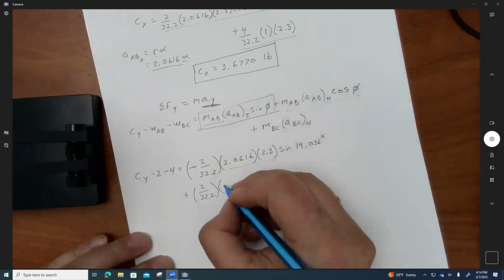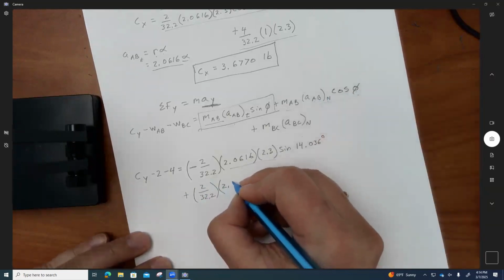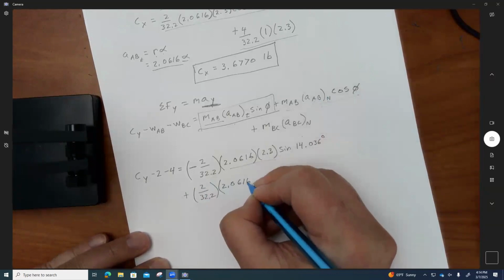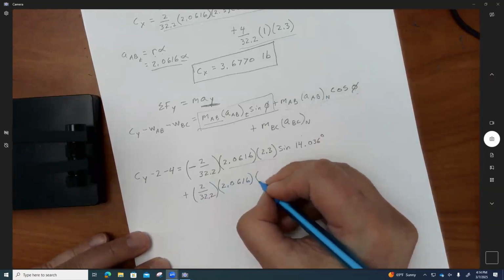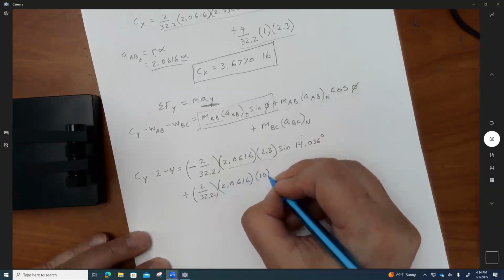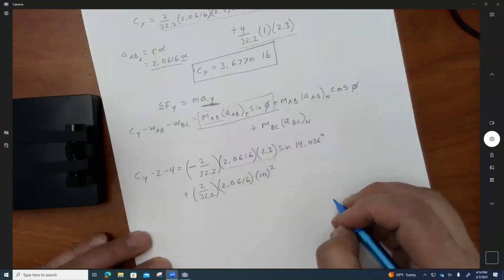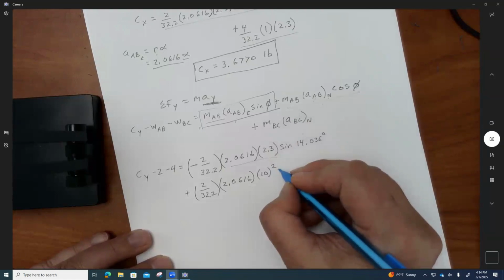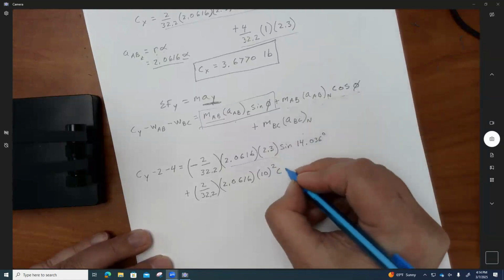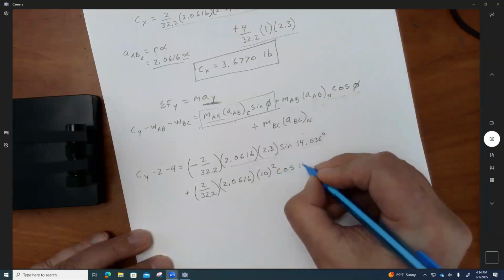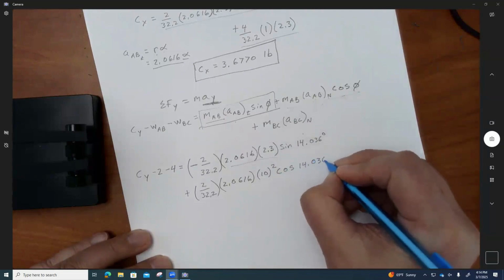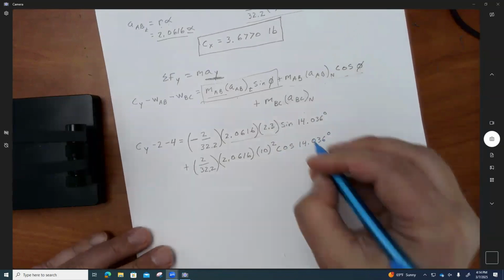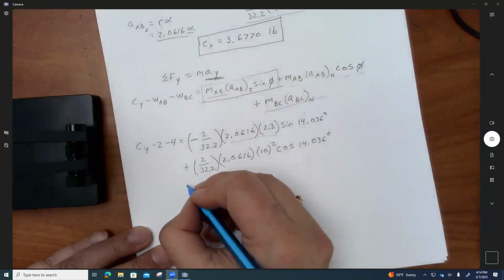We have the same R value, 2.0616. And we're going to have our angular velocity squared. So that's our AN. And we're multiplying by the cosine of phi. Cosine of 14.036 degrees.